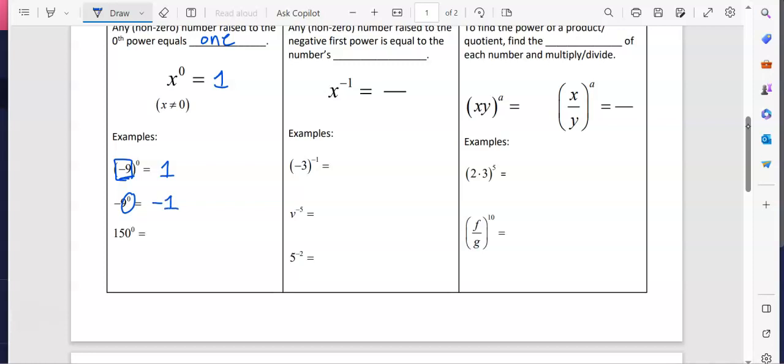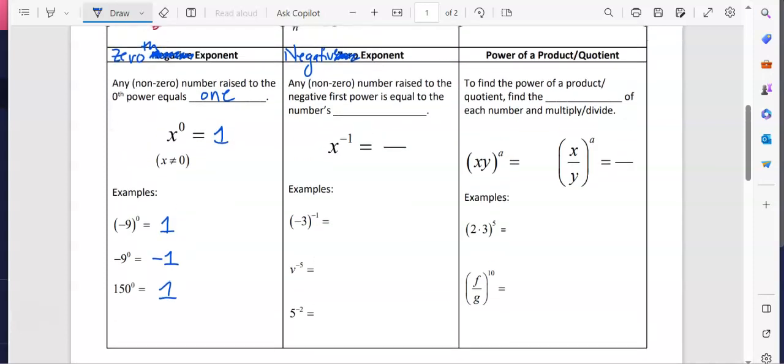So negative 9 to the 0th power is the opposite of 9 to the 0th power, which is negative 1, because 9 to the 0th is 1, and then its opposite is negative 1. Whereas negative 9 to the 0th power is positive 1. I know, it's definitely tricky. Let it sink in for a little bit. And again, it doesn't really matter how large or small our base is. Anything to the 0th power is 1.